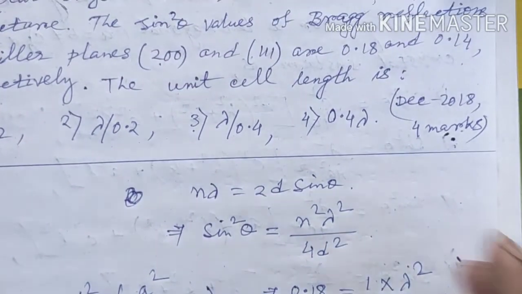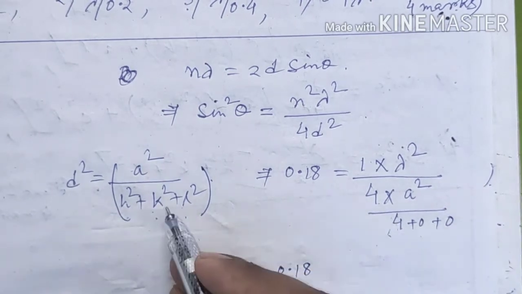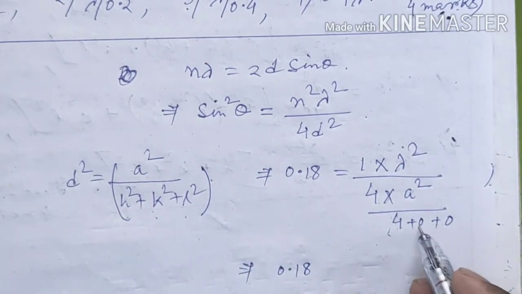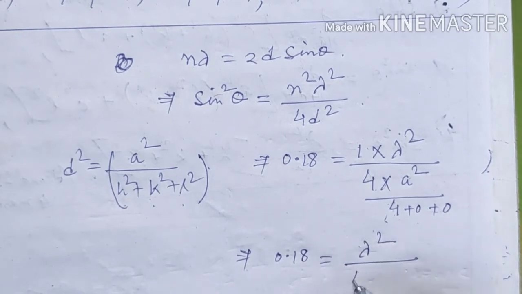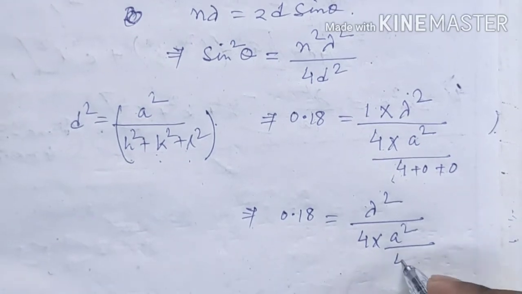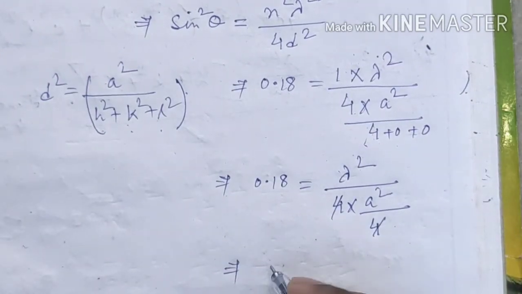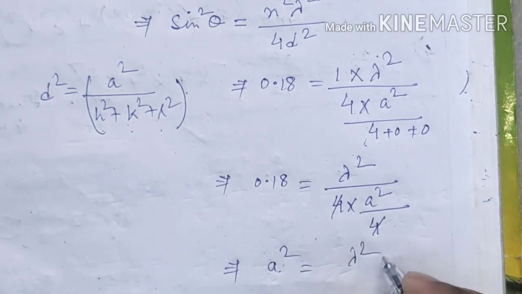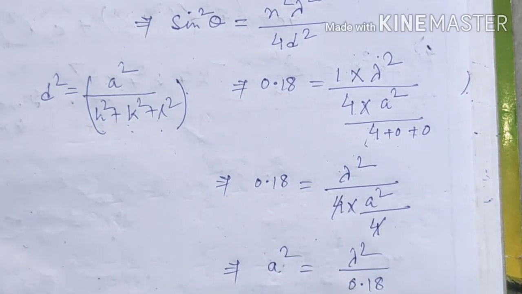Since the plane is 200, h is 2 and its square is 4, and k and l are 0. It can be resolved like this. So a square will be lambda square divided by 0.18, and a will be the root of lambda square divided by 0.18.